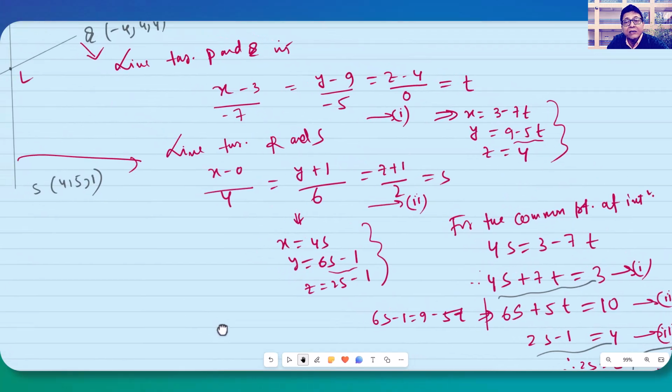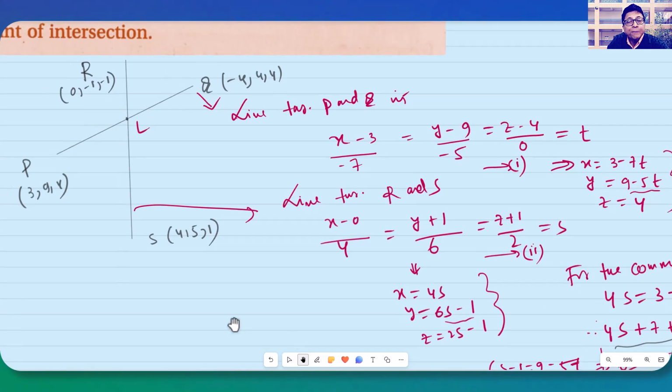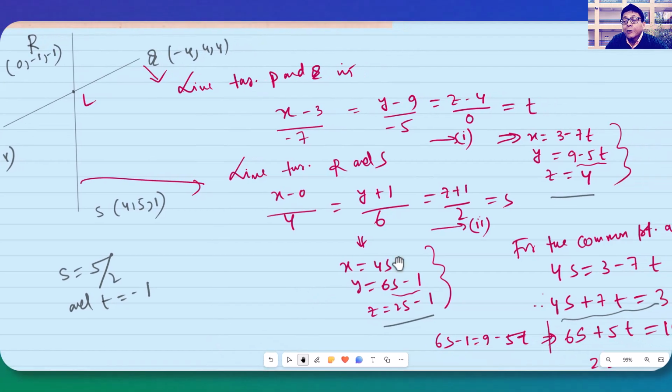Go back there. s is 5 by 2 and t is minus 1. You got the point of intersection here, the same point is there also. So either you put s or t. That point, if you put it here, say this is our number 3 and this is number 4.